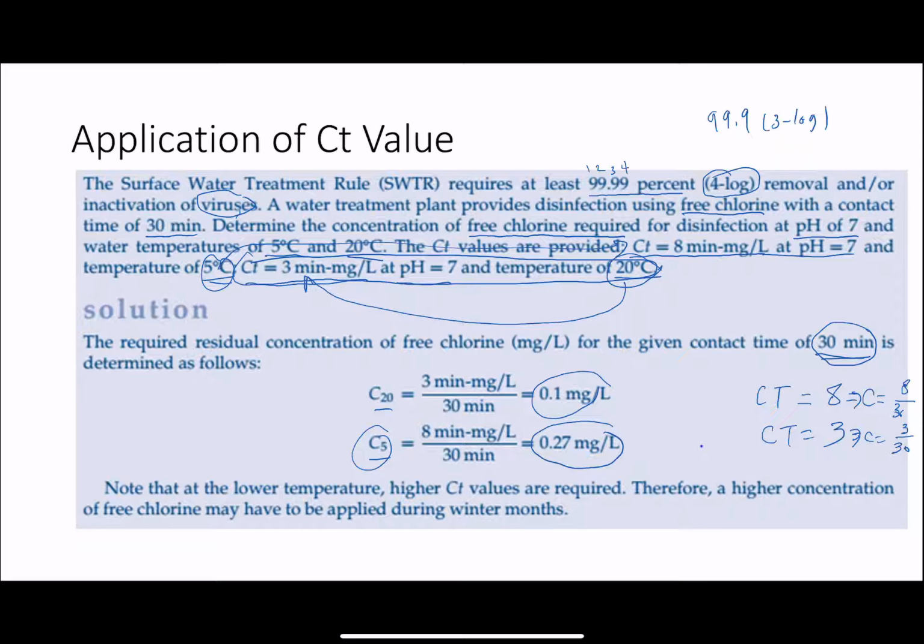Therefore, a higher concentration of free chlorine may have to be applied during winter months, which means that you're going to spend more money during the winter season. You're going to add more free chlorine. While 20 is almost spring or late winter, it's 0.1, you're going to add less.